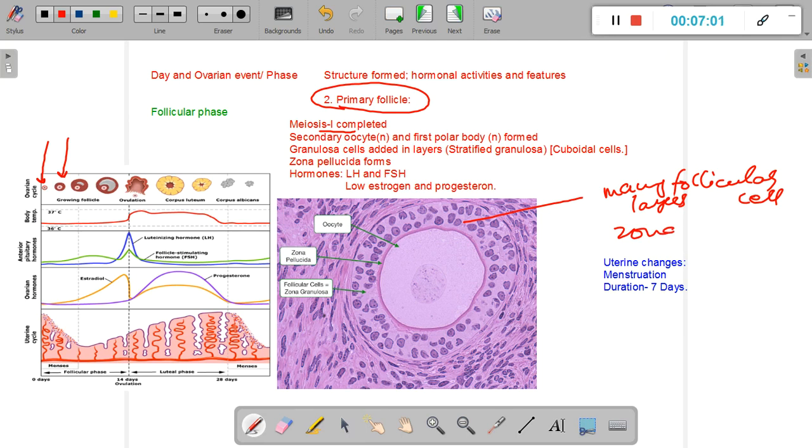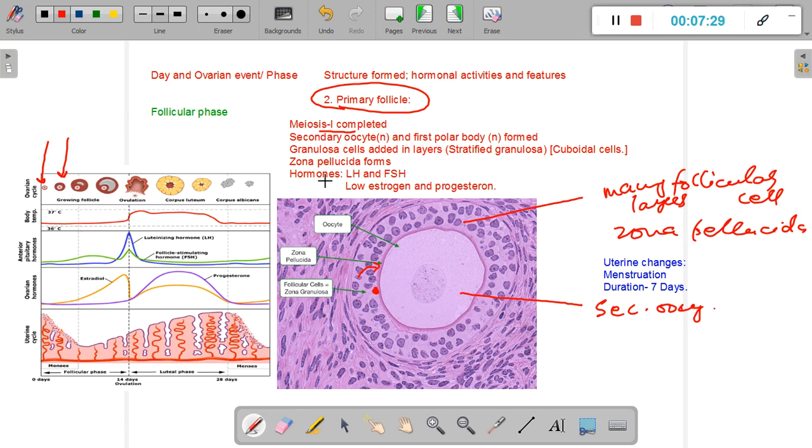It also has zona pellucida, which is a layer of protein secreted by these cells to the inside. And then what type of oocyte do we have? We have now a secondary oocyte. Why? Because the meiosis 1 event is over, and somewhere here we will also have a polar body, which is not shown here, but I'm just drawing it here. So we'll also have the first polar body.